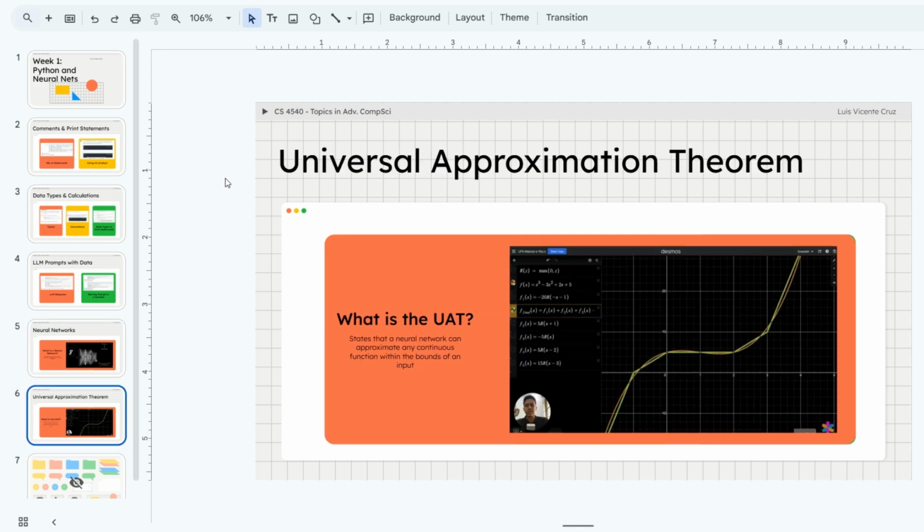And then we move on to the universal approximation theorem, which is just a way of saying that an algorithm or a neural network, as we discussed before, is able to approximate what it is that is being fed to it, or what is the goal of the algorithm. So, a neural network can approximate any continuous function within the bounds of an input. The video explains this by using just a piecewise function, a continuous linear function.